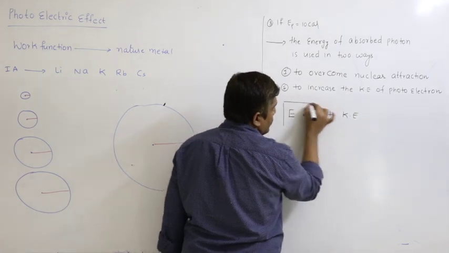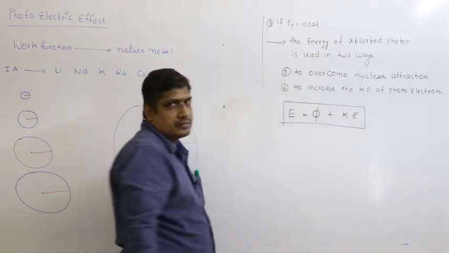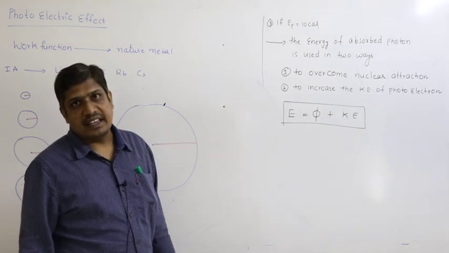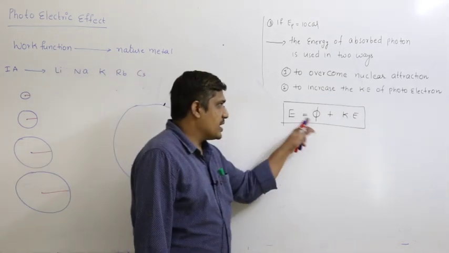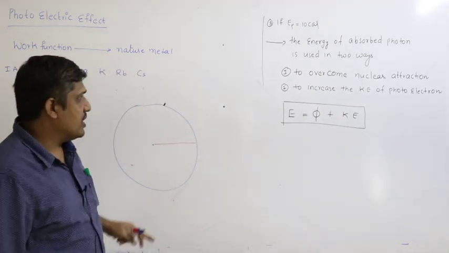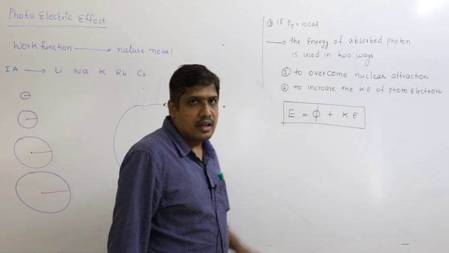So this is the photoelectric equation. E is the energy of the photon associated with the incident radiation. Phi is work function, which is characteristic and depends upon the nature of the metal. And then the kinetic energy of the electron.